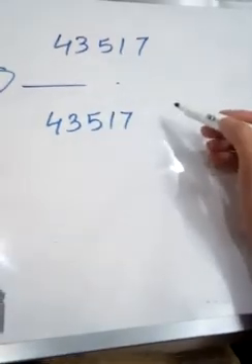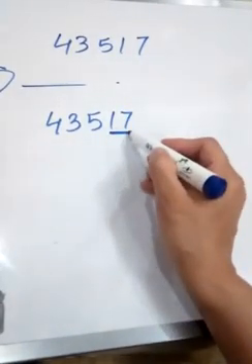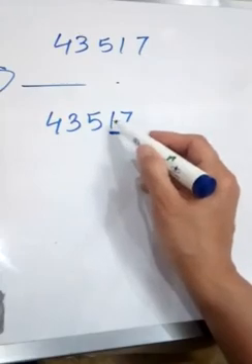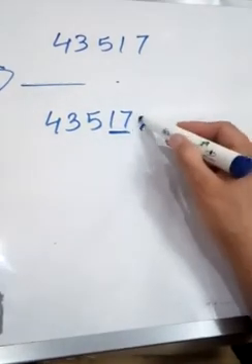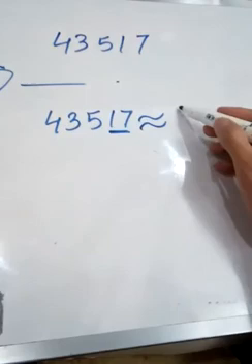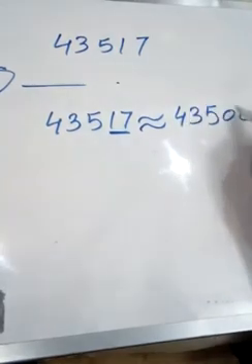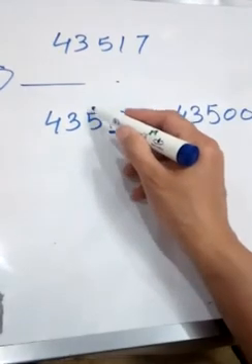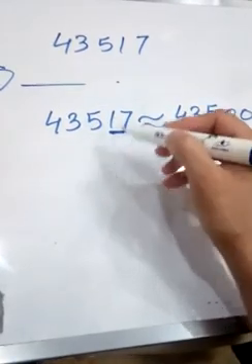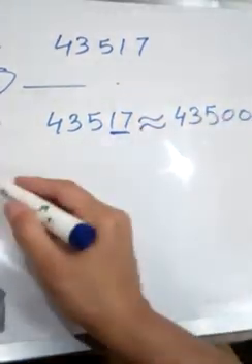We have to round it to the nearest 100. So we have to compare two values. They are smaller than 50. It means that the round off of that figure is 43,500 because we are not going to add in it. It is rounded down. So its answer is this.